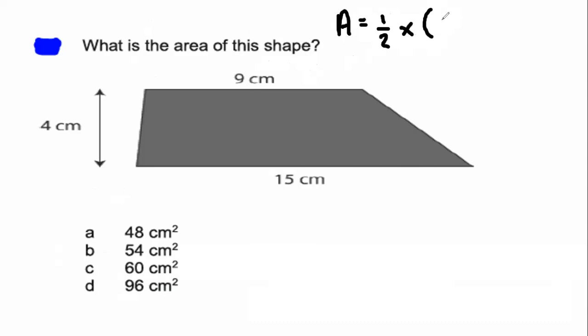So show me two parallel lines. Are those two parallel lines? No. Are these two parallel lines? Yes, sir. Or you'd say parallel sides. So what do you do with the parallel sides? You add them.